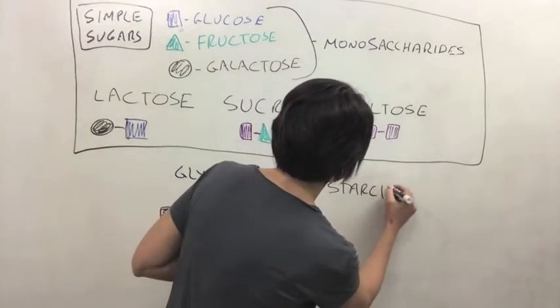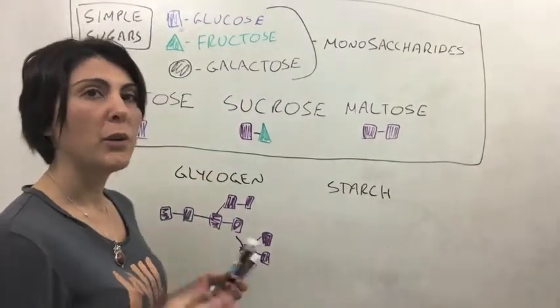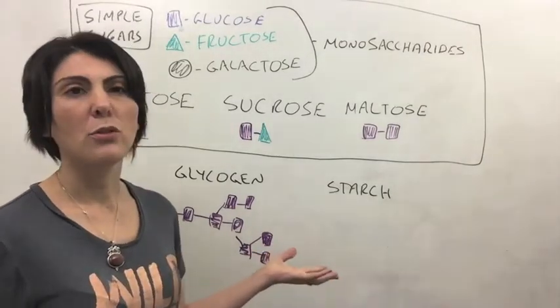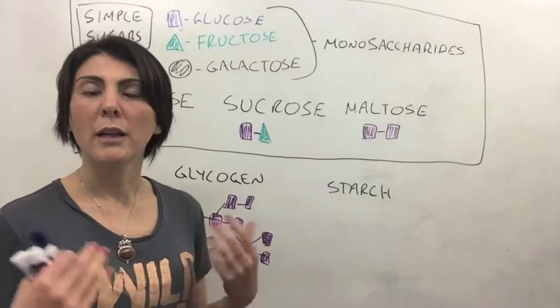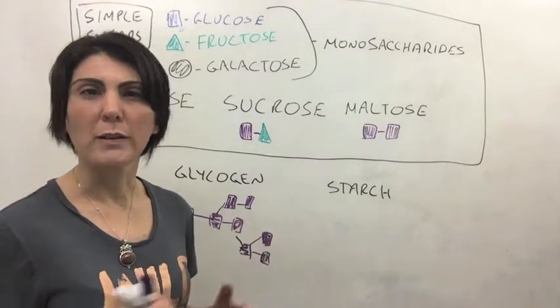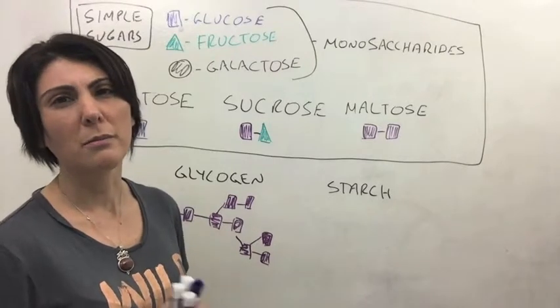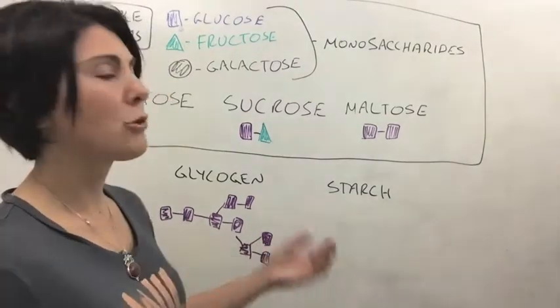Starch is one of the ways in which plants store glucose that we can digest as humans. Plants also store glucose in the form of cellulose, but we can't digest that. That would be fibre to us, roughage, so it cleans our gastrointestinal system as well as keeping us regular. So I won't draw that one.